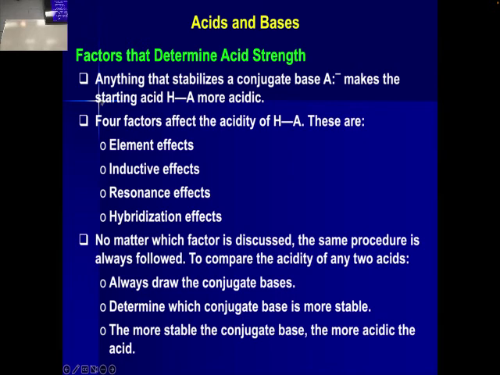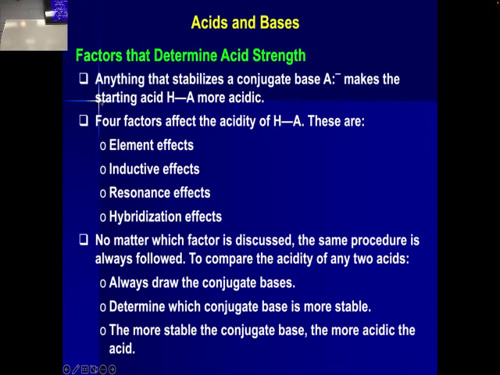Now, of course, A can be just about anything, right? And we'll talk about that as well. What do you mean by stabilize A? So to stabilize something, again, it means to make it less reactive. So would that change its positivity or negativity? It could change the overall charge a little bit, yeah, that's possible.